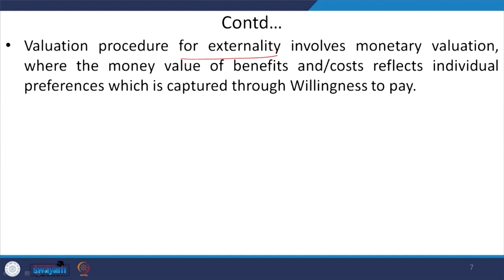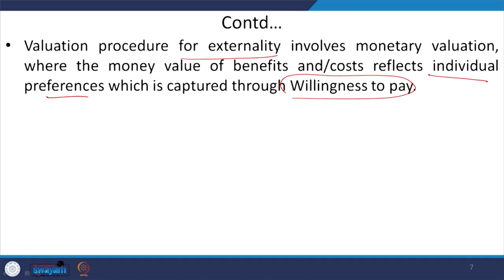And again, how to measure, how to put a monetary tag to this externality? This valuation process for the externality involves the same procedure as monetary valuation of all the rest of the financial assets, where the money value of the benefits and costs reflects the individual preferences, and these individual preferences are captured through the concept known as willingness to pay.